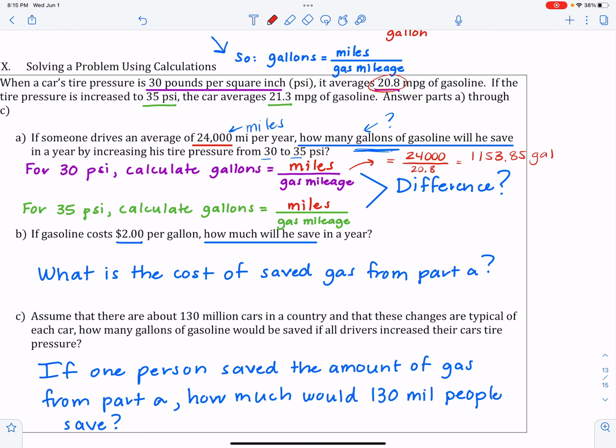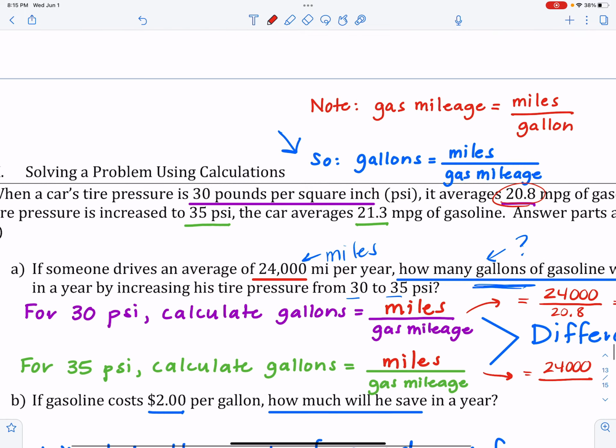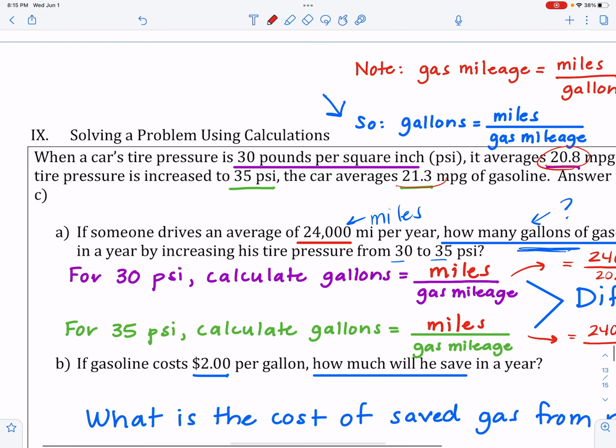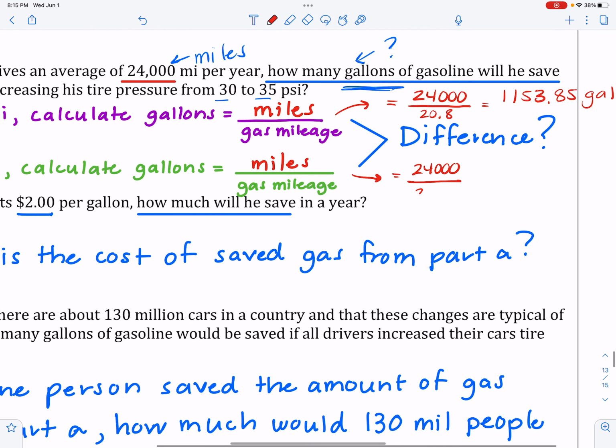So now I'm going to do the same thing for 35, because that's what I want to compare it to. The mileage is the same, no change there, 24,000 miles. But for 35 PSI, the gas mileage is 21.3 miles per gallon. So using that same formula here, the number of miles divided by the gas mileage is going to give me the number of gallons.